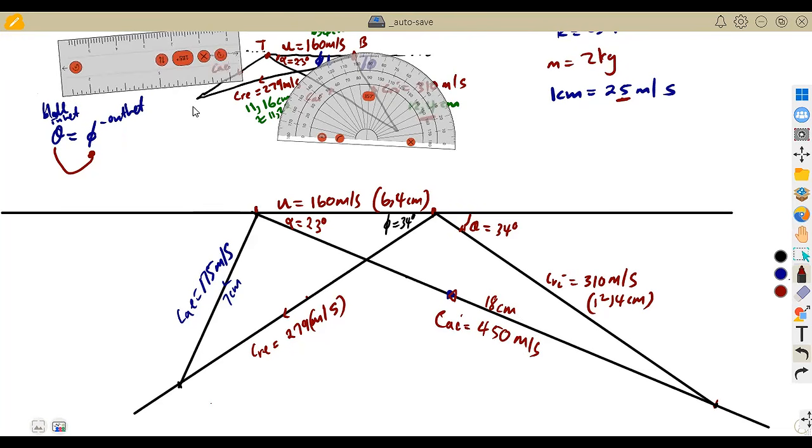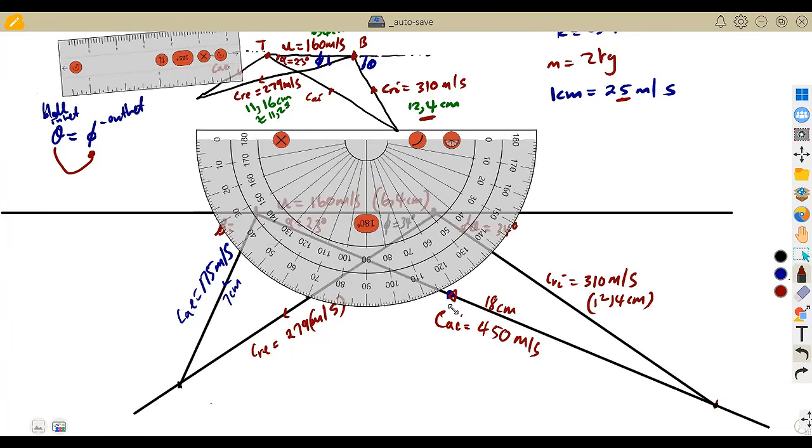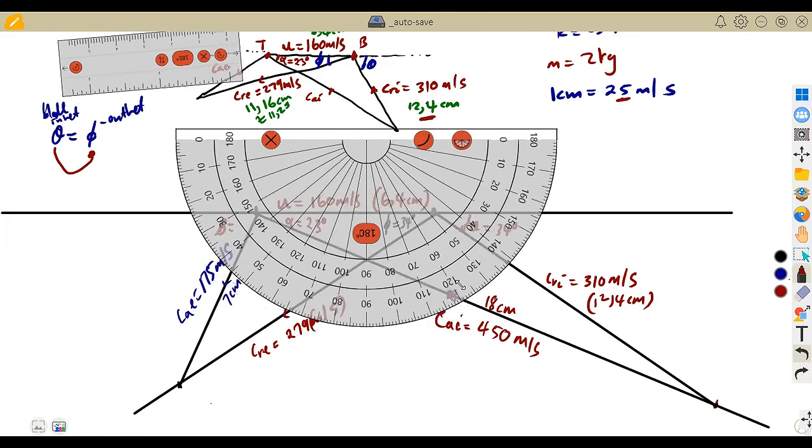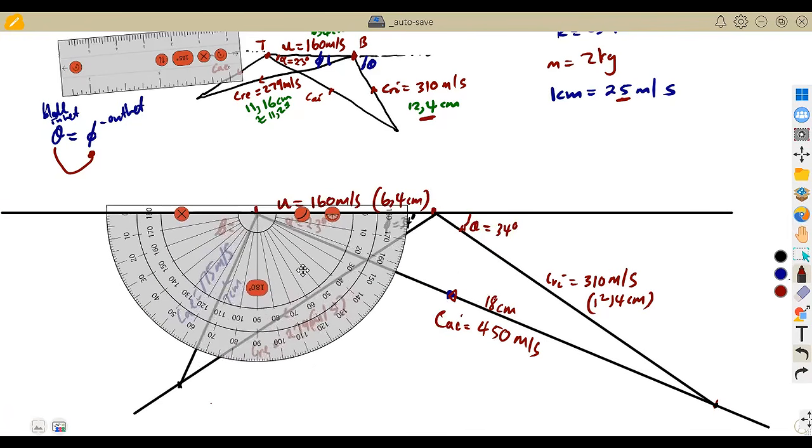All right, so what else? We also need the exit here, which is our beta, from the nozzle exit. So we're going to measure this one. Take your protractor, measure properly. This is too big, so you're going to place it here and we measure our angle. This time we are measuring our angle from 0, 10 from the outer part.